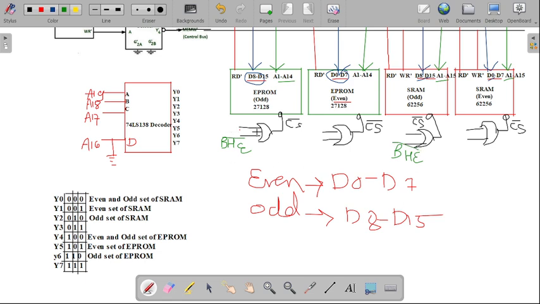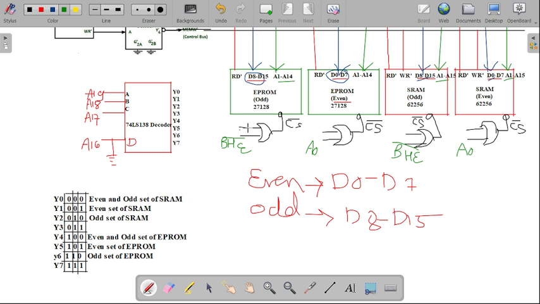Now the next line is your even set. For the even set of our memory, we are connecting here the A0 line. And this will be provided to our chip select signal with the help of this OR gate. Now one input connection is completed, that is our bus high enable signal as well as our address 0 line.